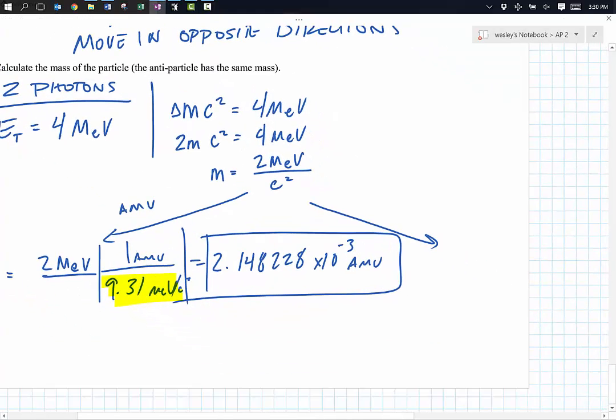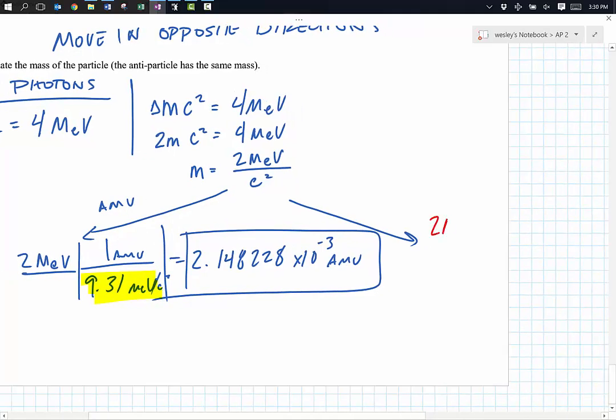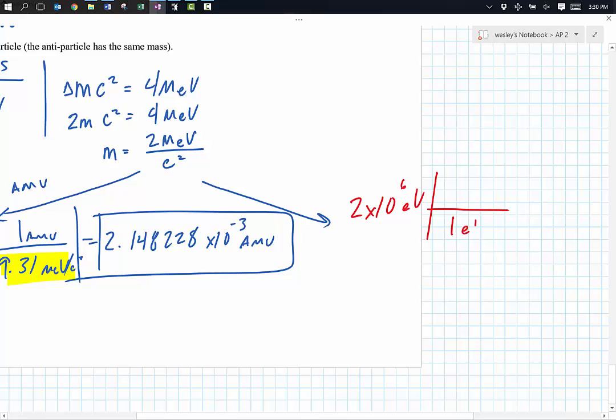The other way we could do that is by converting the 2 mega electron volts into joules. So that's 2 times 10 to the 6th electron volts times 1.6 times 10 to the negative 19th joules per electron volt.